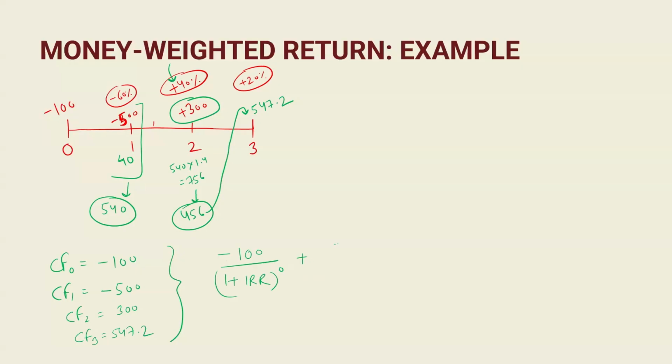Plus the first cash flow, which is negative 500 divided by 1 plus IRR raised to the power of 1. Plus the next cash flow, which is 300 divided by 1 plus IRR raised to the power of 2, plus 547.2 divided by 1 plus IRR raised to the power 3.